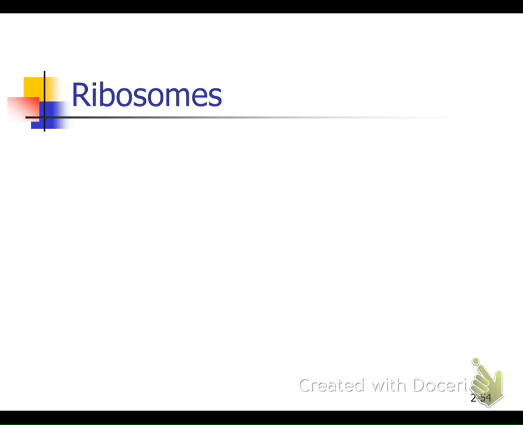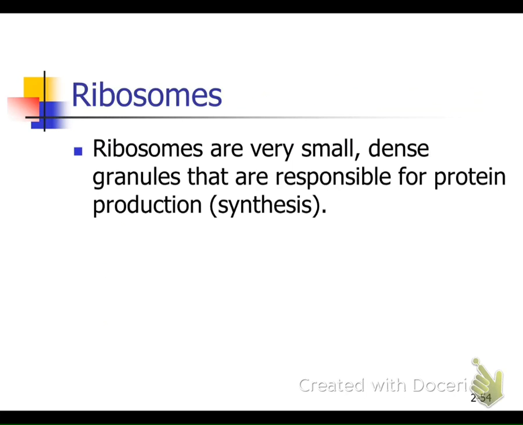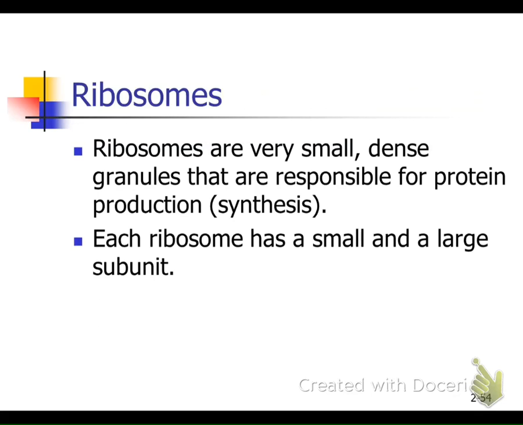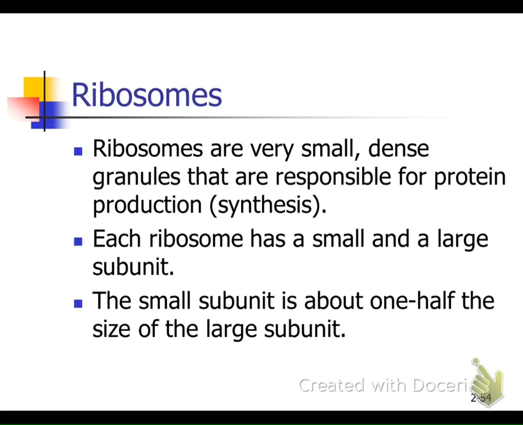Start off with the ribosomes. Tiny, tiny, tiny little structures. Where did we already see them? We saw the ribosomes attached to the rough ER, but ribosomes are also just free floating around in the cytoplasm. Their major job is to make proteins. That is their job. Ribosomes are made up of two parts, a large and a small subunit.